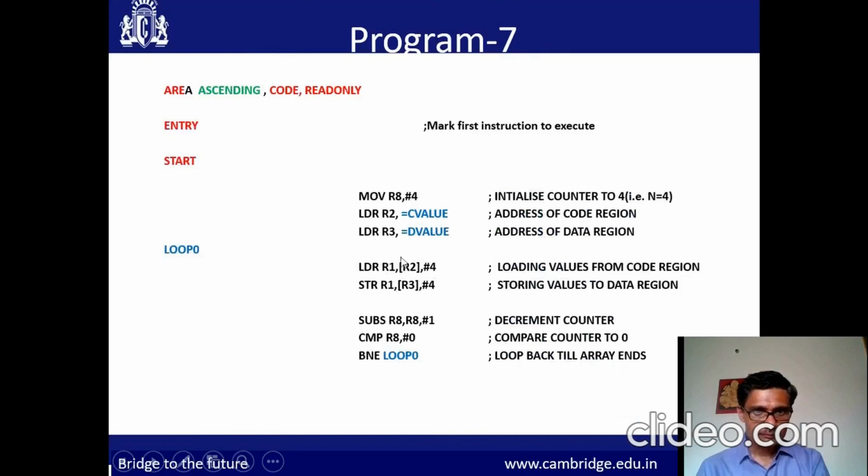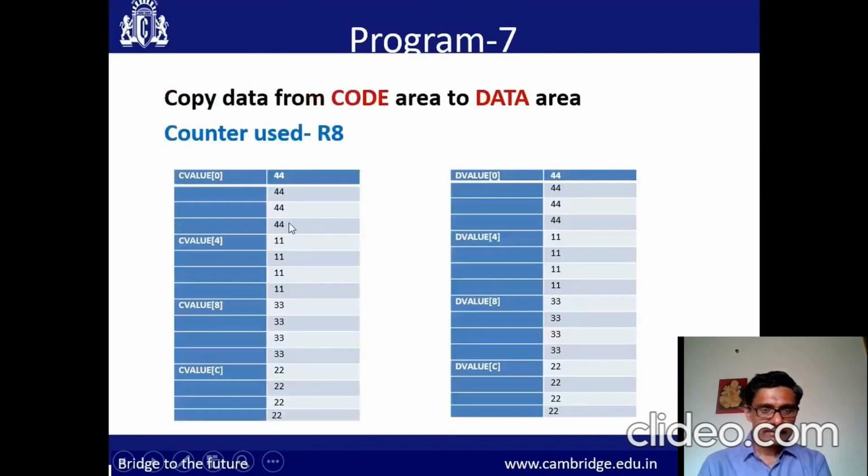Similarly, in this part you are storing the value from R0 to a memory location. See here, you cannot directly copy from this memory location to this memory location. Memory to memory movement is not permitted, so no instruction will do that.